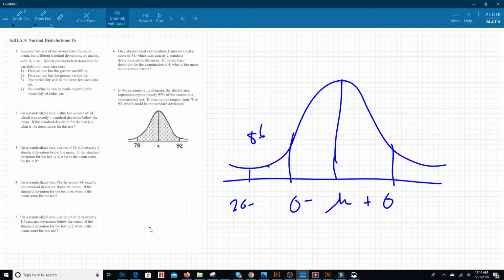It's 1.5 standard deviations off of it, and 86 is 1.5 below the mean, so we're going to add essentially 3, and we'll get 89. Like that, alright?